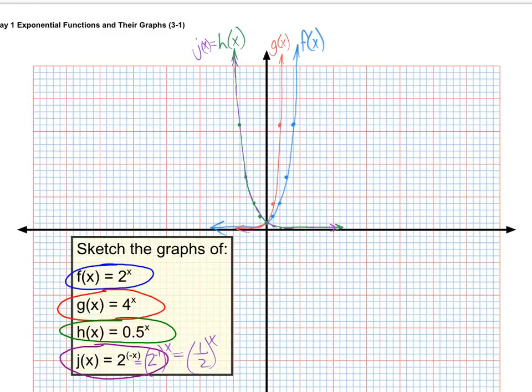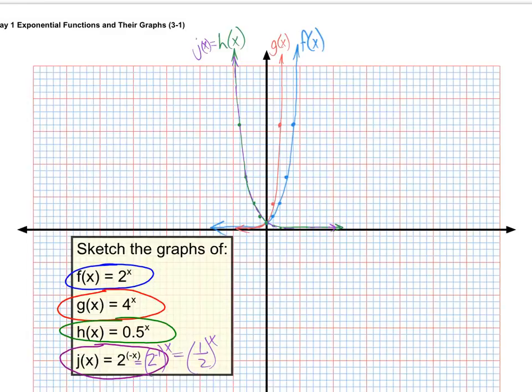This is a decay function. You can either have it with a being between 0 and 1, or you could also do it with a being greater than 1 but making your x negative. There's kind of two ways you could write it. They're both mathematically equivalent though. So does that make sense? Any questions so far?